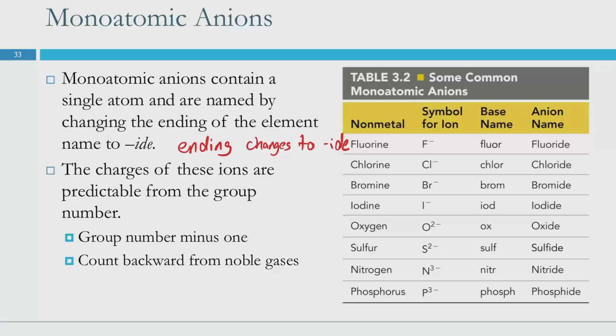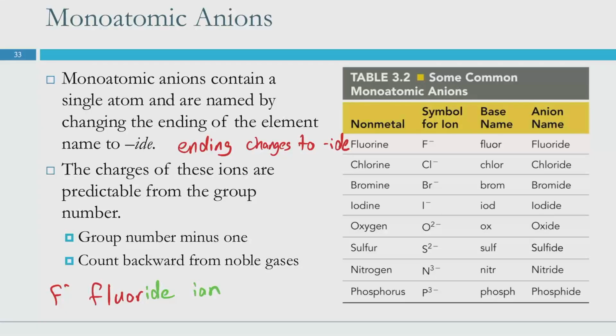So for example, if we have fluorine, chlorine, bromine, any of these non-metal elements, you take off the -ine, the -ogen, the -orus, and you swap in -ide. So F- is the fluoride ion.